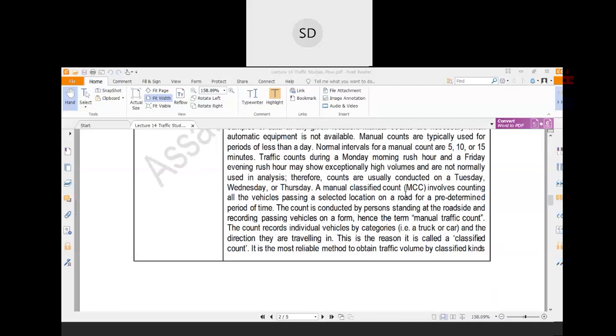Now, in the manual count method, you will systematically note down the number of different classes of vehicles, and for this reason it is called classified count. The manual count method can also be called classified count.